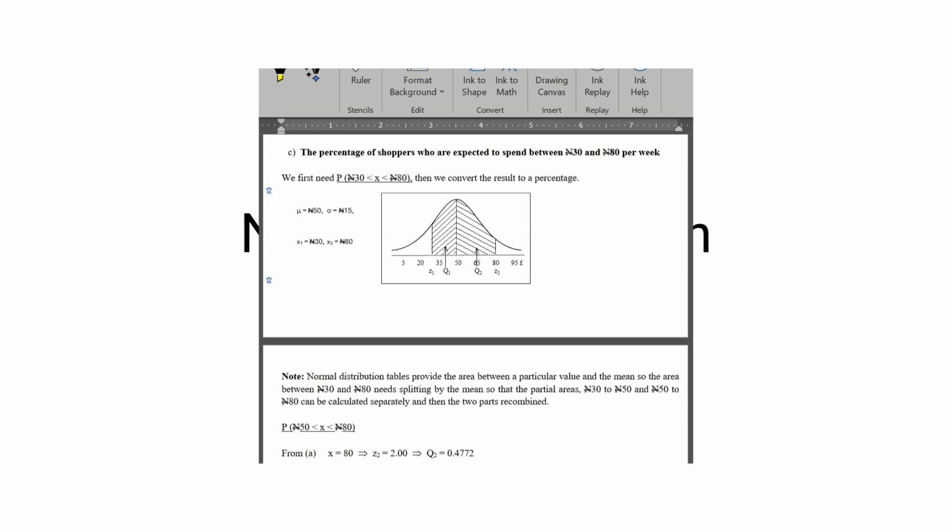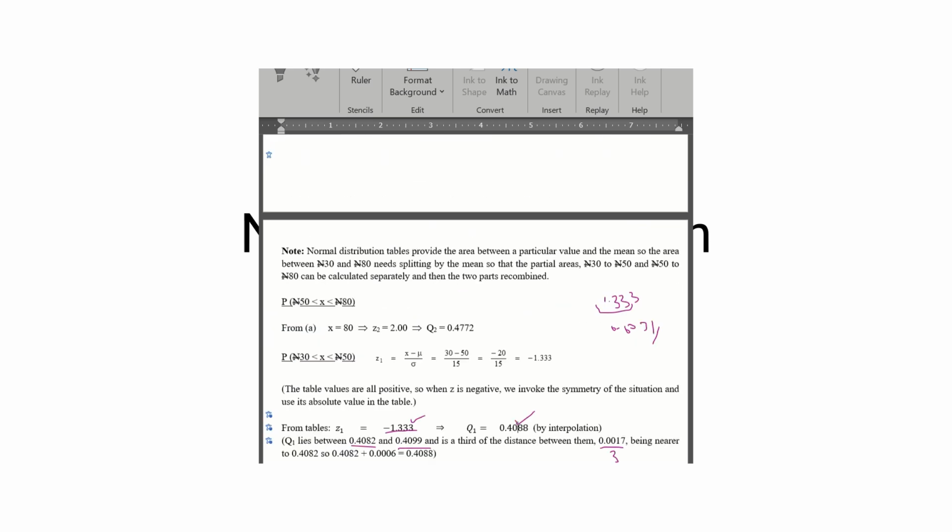So that is how we came about this: 0.4088 plus 0.4772, and it became 0.8860. If you convert it to a percentage, this will be 88.6% of the shoppers who are going to spend between 30 to 80 naira. I hope this has explained it enough. If you have any further question, you can ask me.